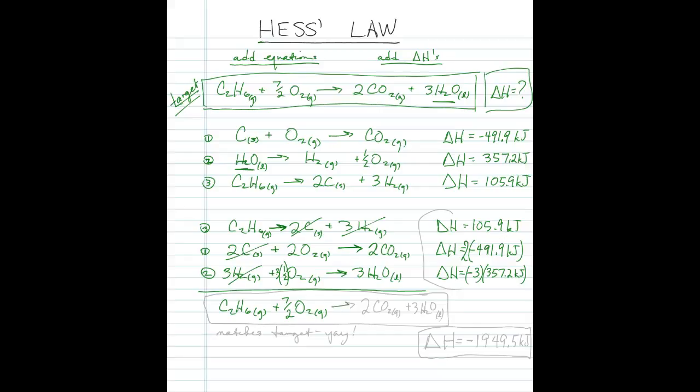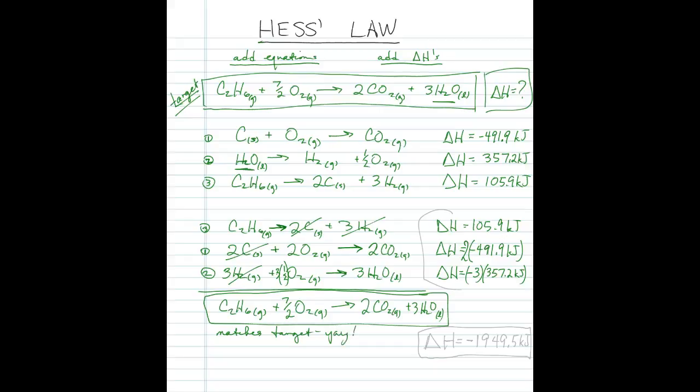Okay, so that's good. And then we can go over to the other side. I have 2 carbon dioxides, and I have 3 liquid waters. Hey, that added up to exactly the same as my target. It matches the target. That is good. If it doesn't match the target, we're in bad shape. So, matches target. Yay.